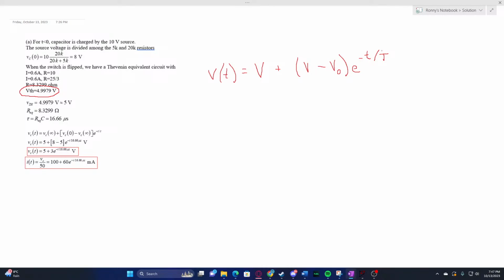Okay, so this is a formula that's talking about the rise time or fall time, however you want to refer to it, of a capacitor. And this formula represents specifically the change in voltage over the capacitor over a certain amount of time.